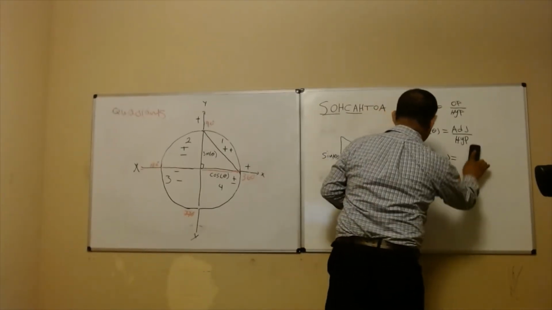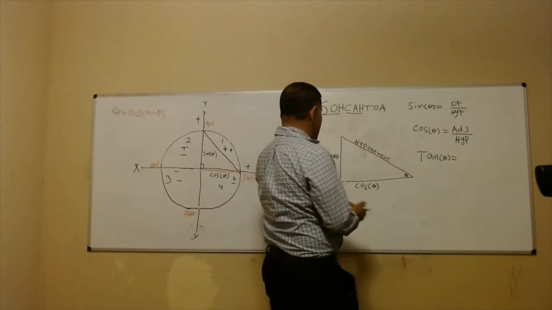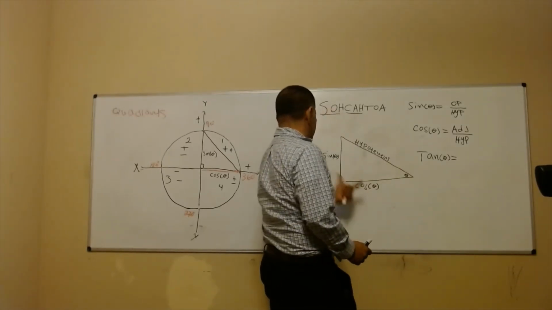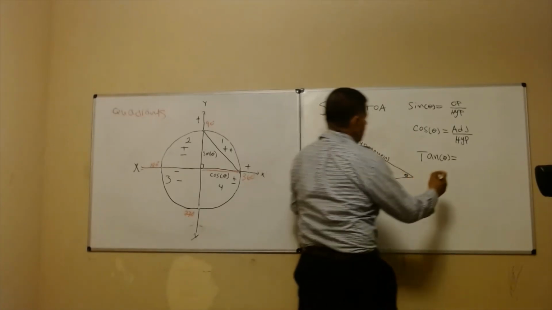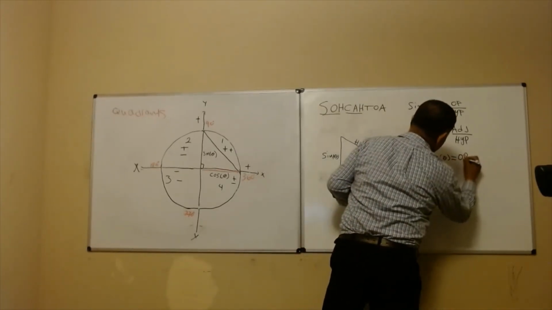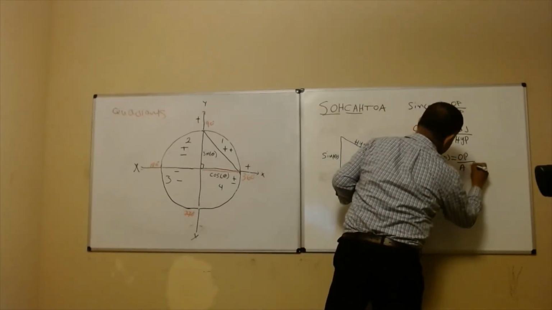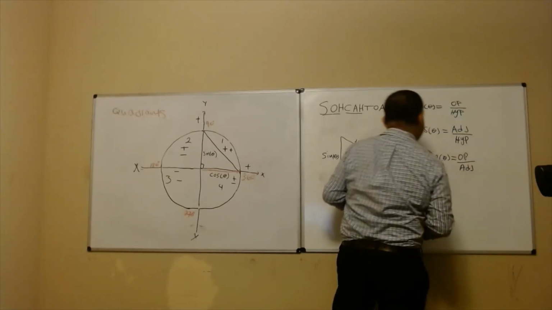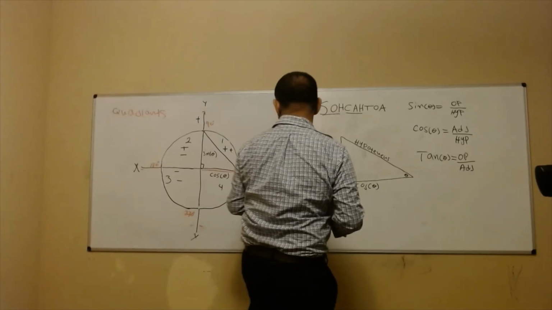You can actually see right here that the tangent of the angle is opposite over adjacent, or sine over cosine, right? Opposite over adjacent.